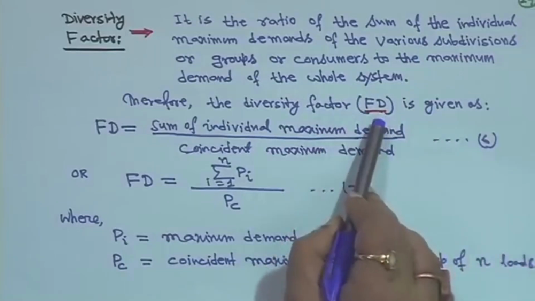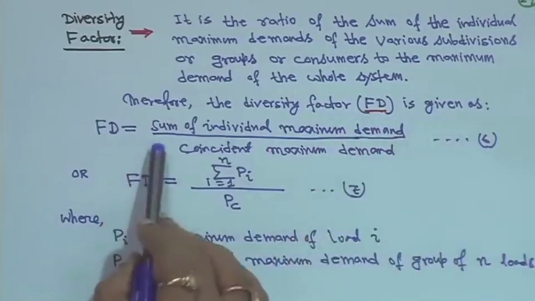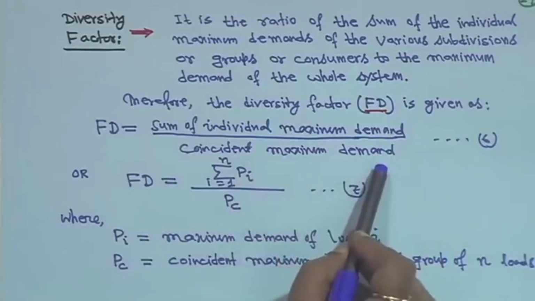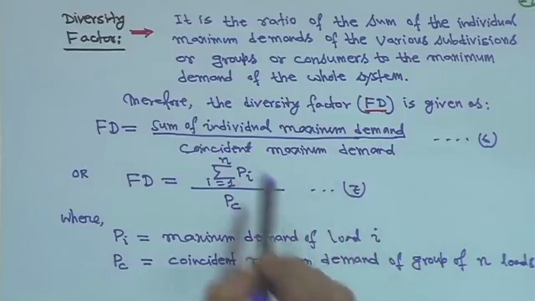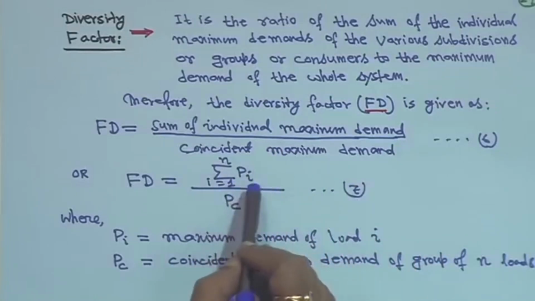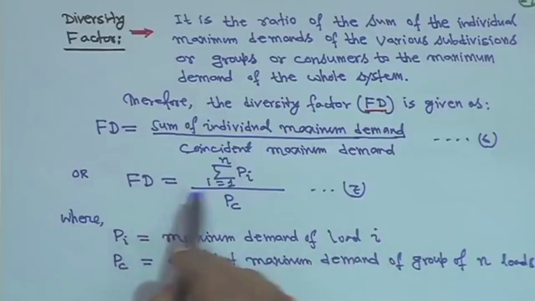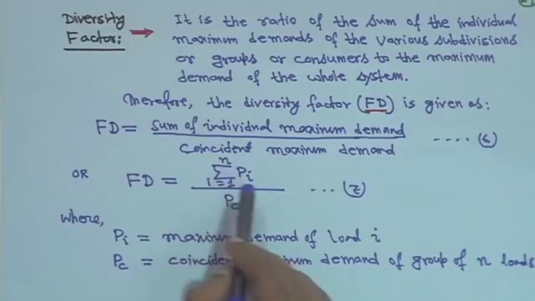So, the diversity factor with term FD is given as FD is equal to sum of individual maximum demands by coincident maximum demand. Suppose P1, P2, P3 are the maximum demands for individual consumers. The diversity factor FD is equal to sum i equal to 1 to n of Pi divided by Pc.